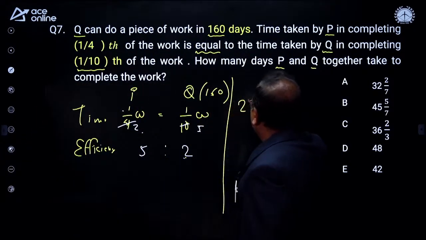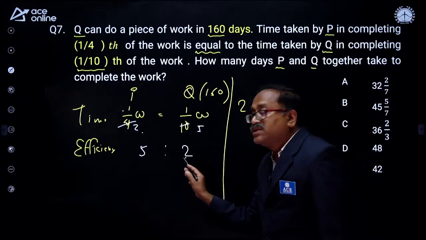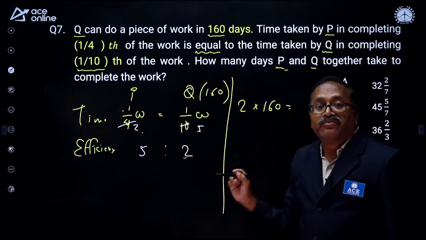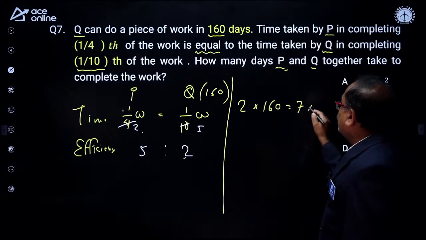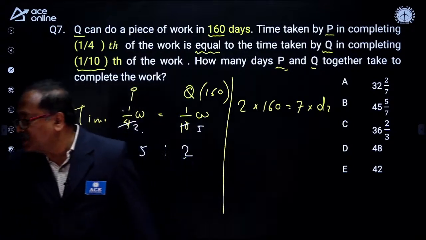So efficiency 1 into D1 is equal to, when the efficiency is 7, because P and Q are working together, the efficiency will be 5 plus 2, which is 7. Then what is the number of days? Can someone answer the question now?